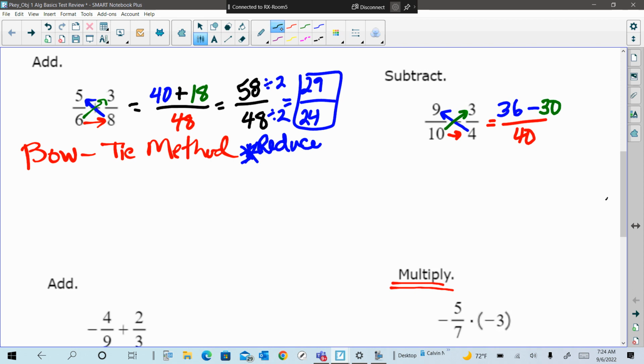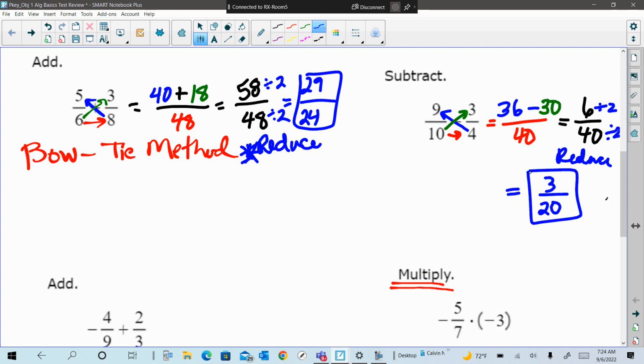And now I'm just going to do the operation on the top because the 40 is our denominator. 36 minus 30 leaves you with just 6 over 40. And again, this can be reduced. Again, if you divide it by 2, it reduces to 3 over 20.